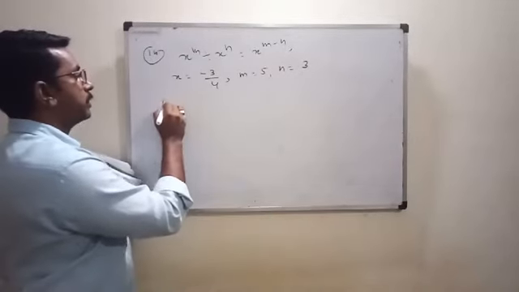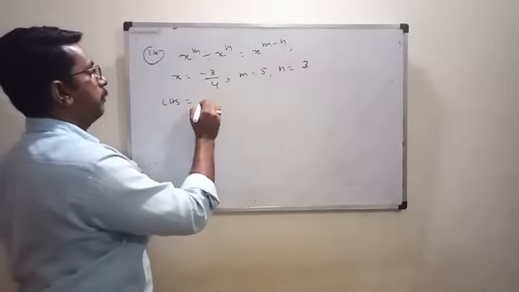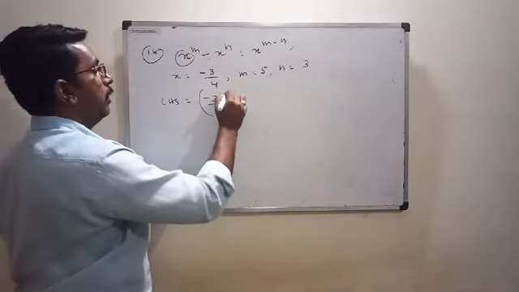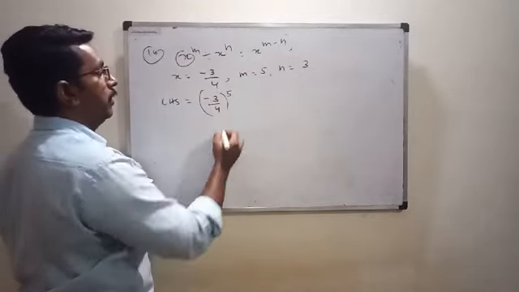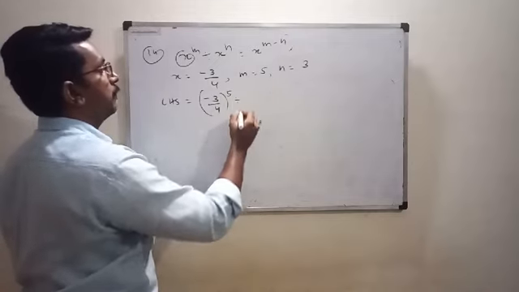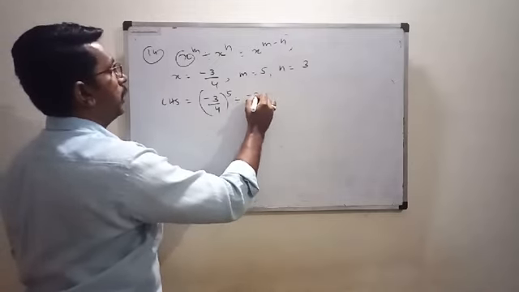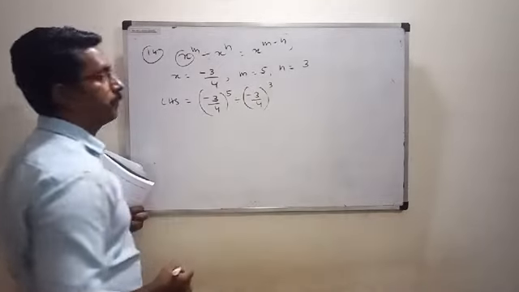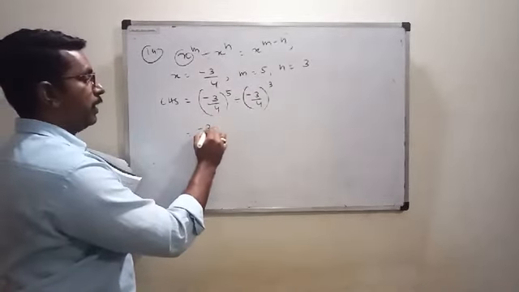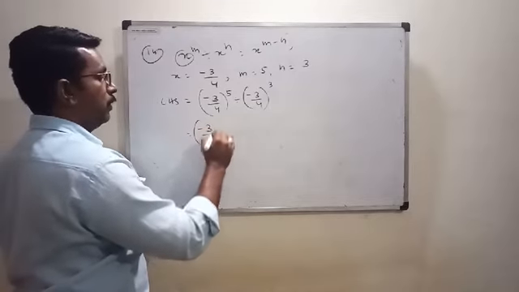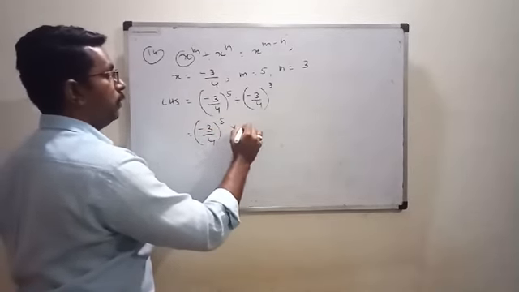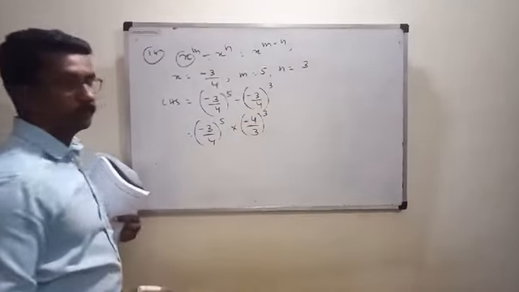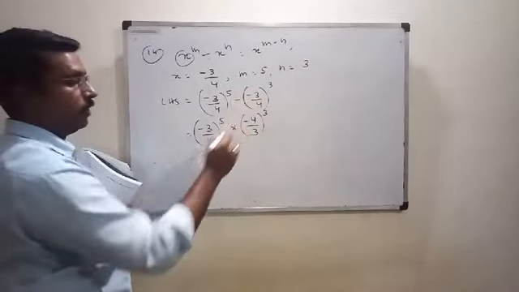Okay, so LHS is equal to minus 3 by 4 to the power 5 divided by minus 3 by 4 to the power 3. How do you divide this one? Minus 3 by 4 to the power 5 into minus 4 by 3 whole cube. Find the reciprocal of this one.